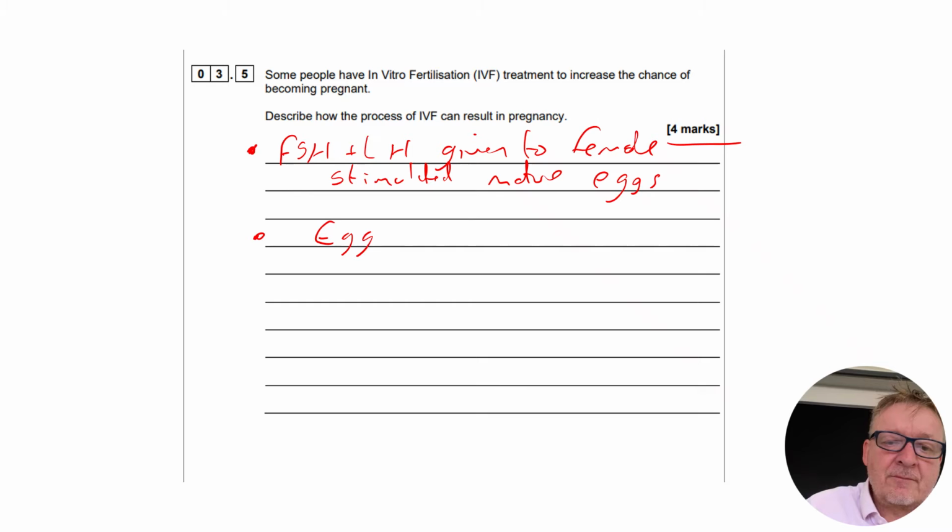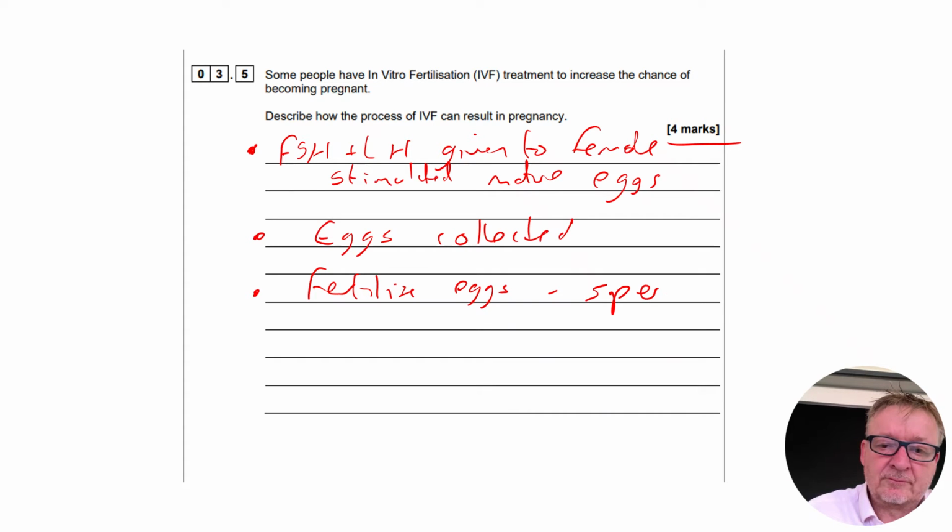Part number 2. Eggs are then collected. What they do is they get a massive great big long needle, shove it into an ovary, suck out the eggs, then go for the other ovary, suck out the eggs from that, and then you've got them. Fertilize the eggs using sperm.